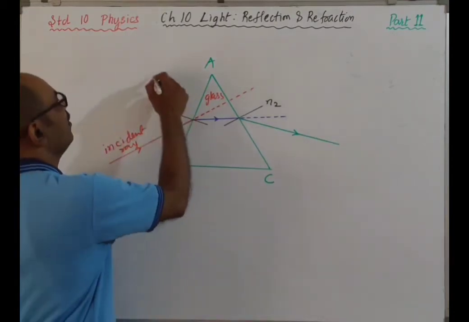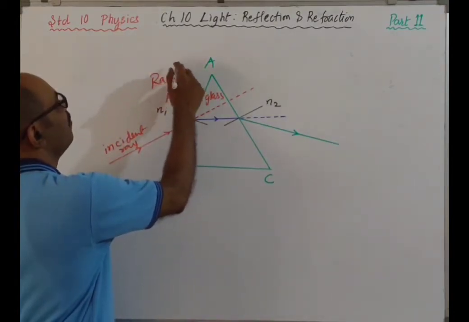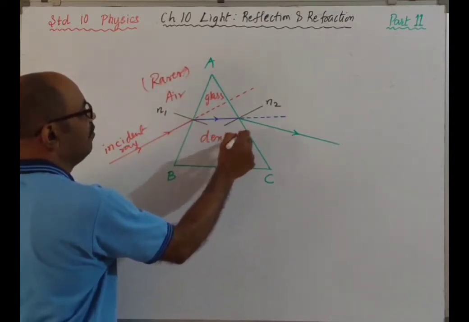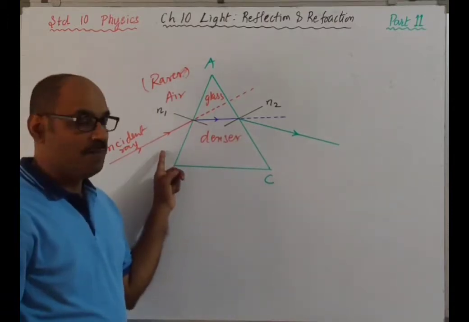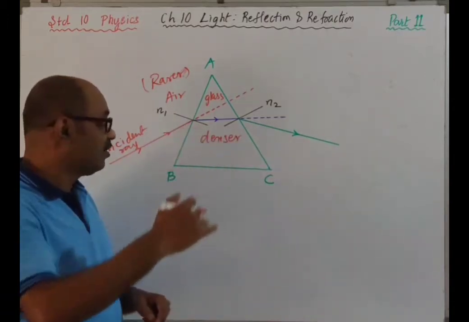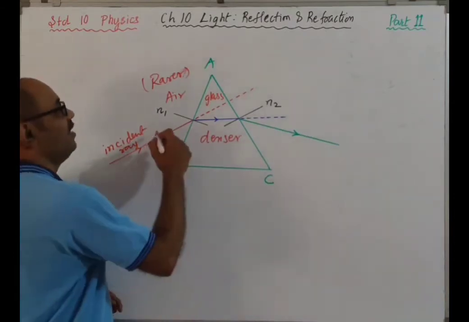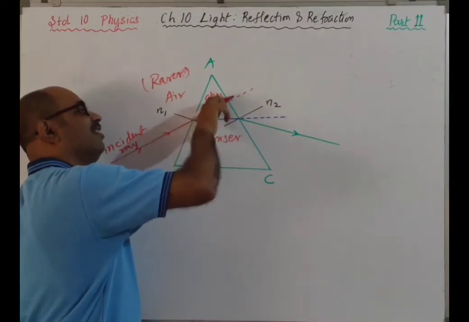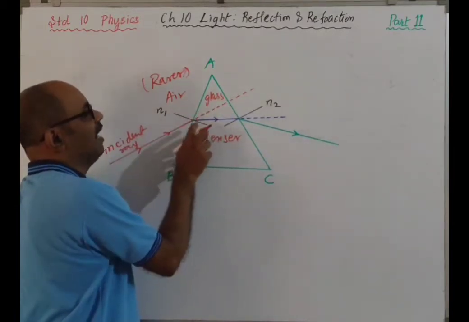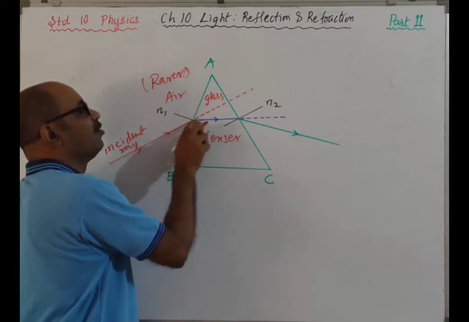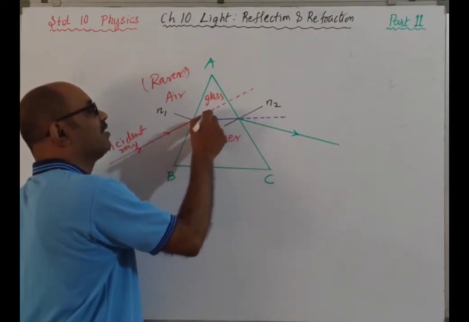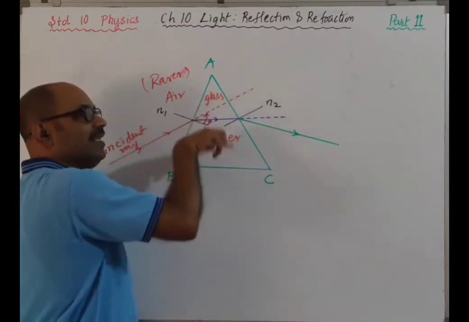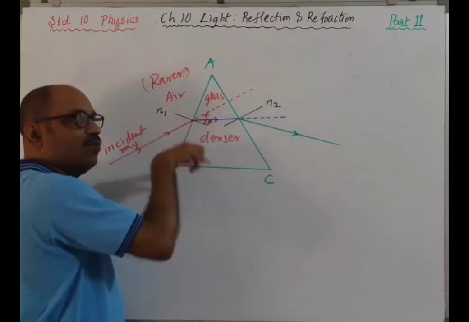Now you know air is a rarer medium and glass is a denser medium. So when light travels from rarer to denser, it bends towards the normal. So instead of traveling straight, the ray moves towards the normal. The black line is the normal at the point of incidence. It would have made this angle, but the angle has now become small. So that means the ray of light has bent towards the normal.